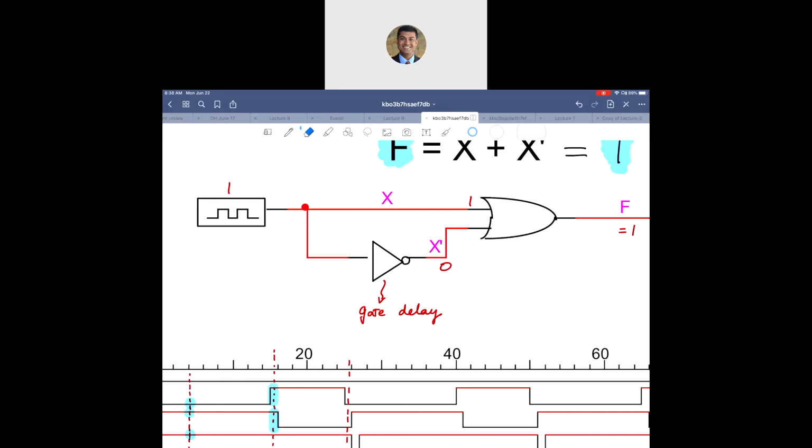Then we change it. We change this guy to 0. So right away, this goes to 0. But you see this 0 to reflect a change over here to 1, it is going to take this much amount of time, gate delay.